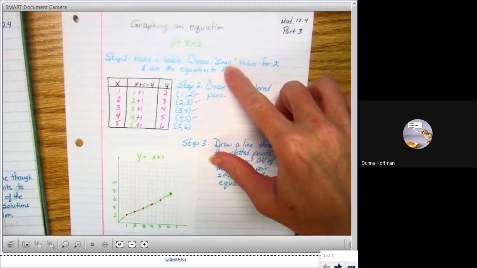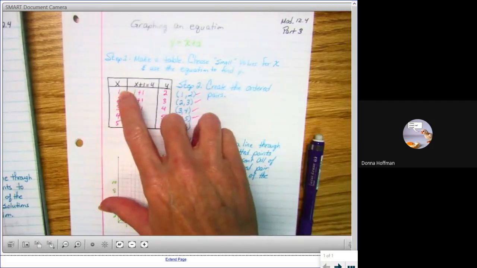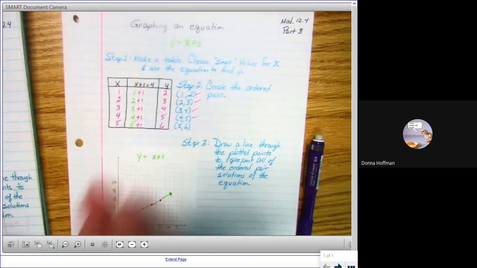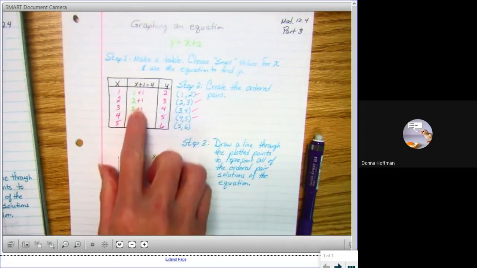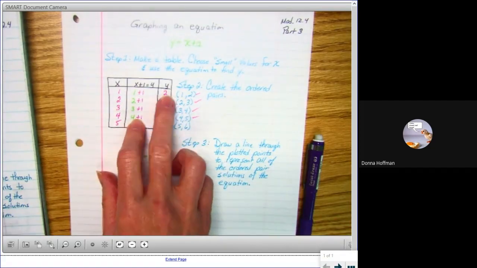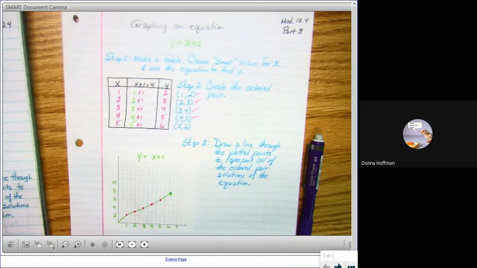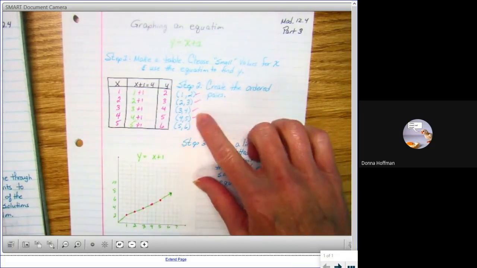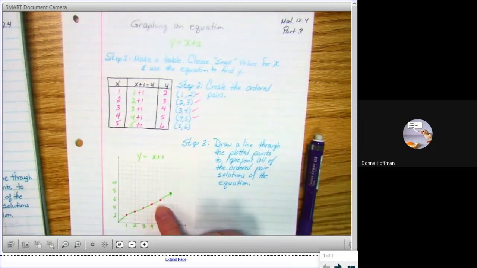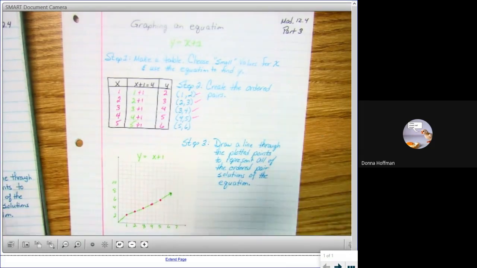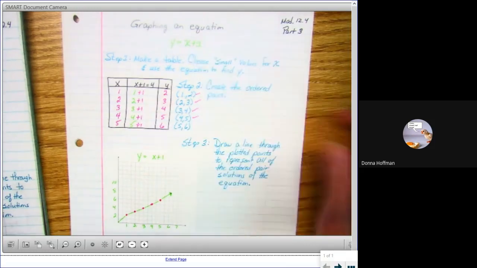I chose small values. My values I chose for my x is 1, 2, 3, 4, 5. Small values. I plugged them into my equation, and I solved it out to find out what my y was going to be. I made my ordered pairs, and then I plotted them on my coordinate plane. I drew a line through it with the arrow, and that is the set of solutions that represent this equation.